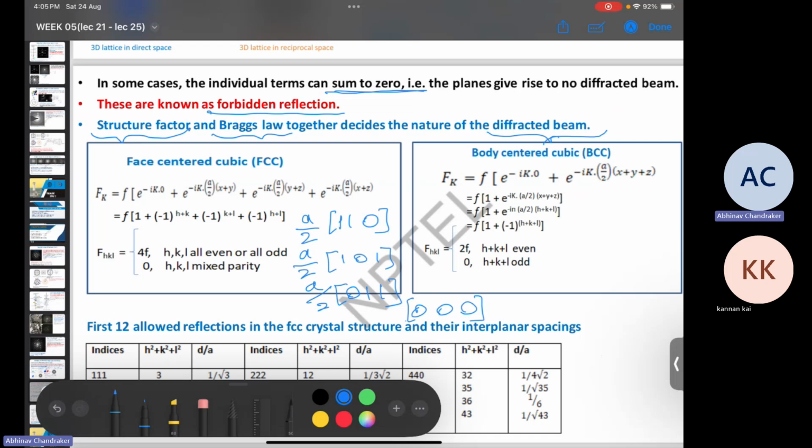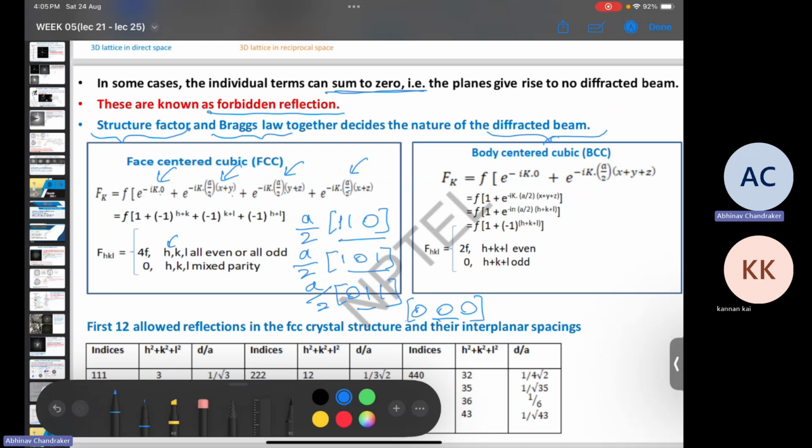So since these are the most elementary positions of the atoms, we'll consider these, and there will be one term corresponding to each of these positions. So you have a 0, a by 2 into x plus y, a by 2 into y plus z, a by 2 into x plus z, and then you will have the contribution due to the HKL, the particular plane that you are considering.